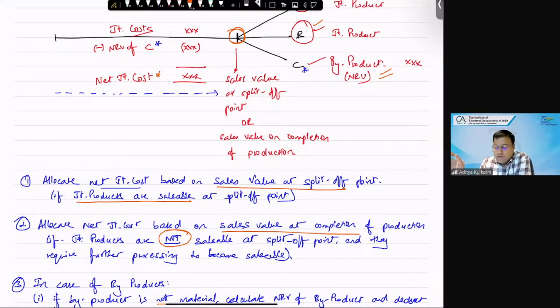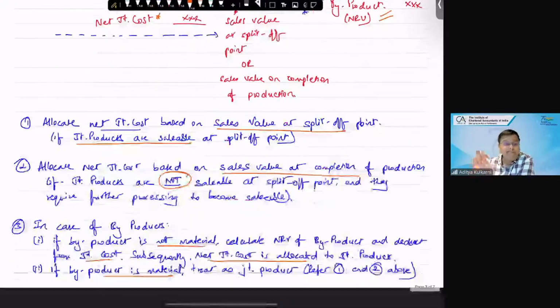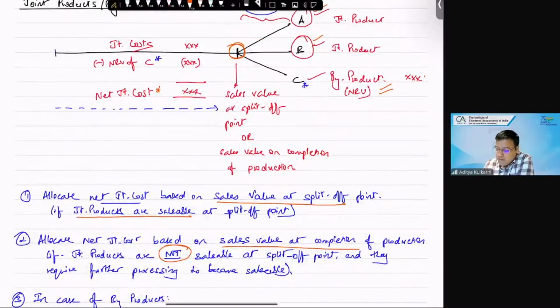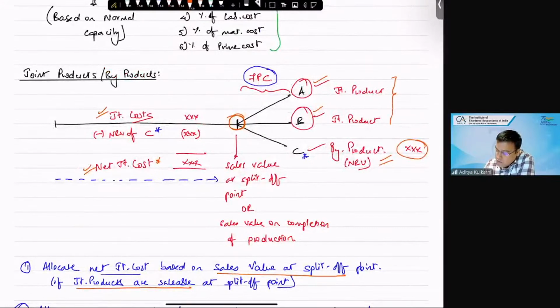So if it is immaterial in the overall process, find out the NRV of the byproduct and reduce it from the total joint cost. You will get the net joint cost. This net joint cost I will allocate only to the joint products. Is this okay? Yes, sir.